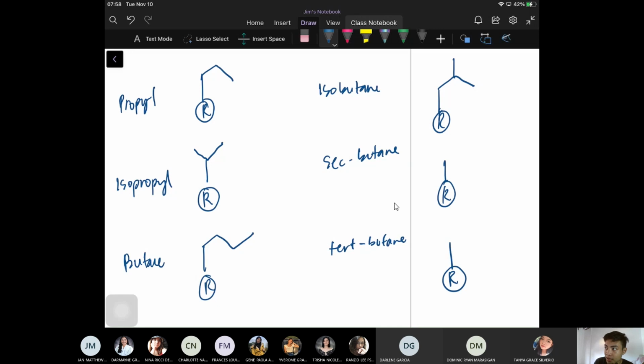Paano naman kapag sec-butane? Ano nangyayari? Kapag iso, dito kinakabit. Itong carbon na to, dito kinakabit. Kapag sec naman, sa susunod sa kanya. Instead of dito, ang mangyayari is yung sa susunod sa kanya, sa second carbon next to that, no? So dito ikakabit 'yon kapag sec-butane 'yan. Okay? So ang drawing niya ay ganyan.